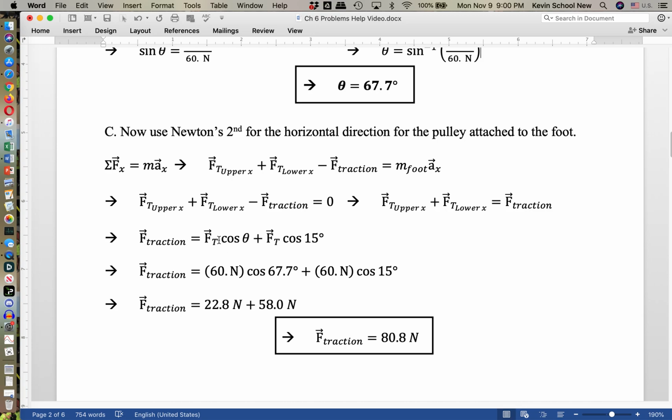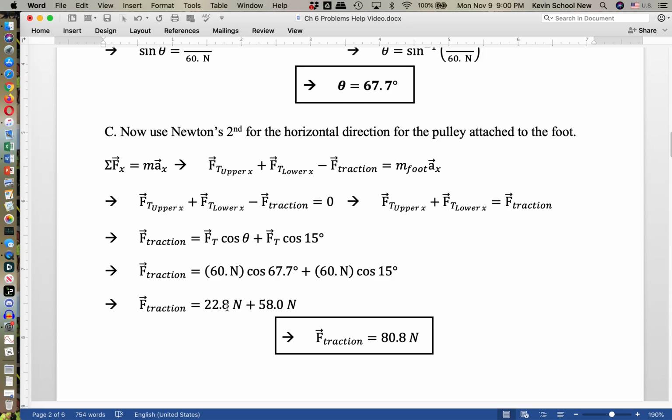So foot traction is equal to FT cosine theta plus FT cosine 15 degrees. We just solved for theta of 67.7 degrees. So I can plug in my tension force of 60 newtons times cosine of 67.7 degrees. Plug in my 60 newton tension force times cosine of 15.